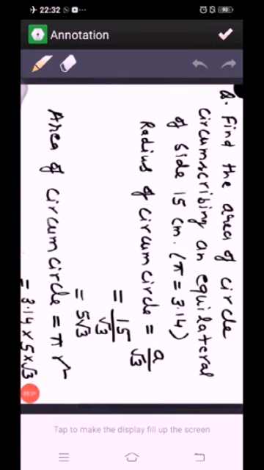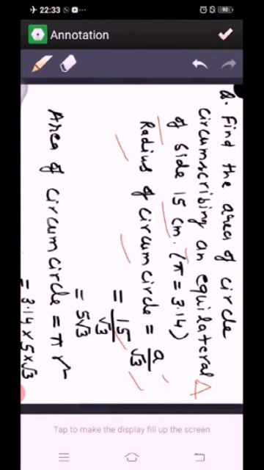Find the area of the circle circumscribing an equilateral triangle of side 15 centimeter. So let us see the radius of the circumcircle of an equilateral triangle. We know that it is a upon root 3, where a means the side of the equilateral triangle.